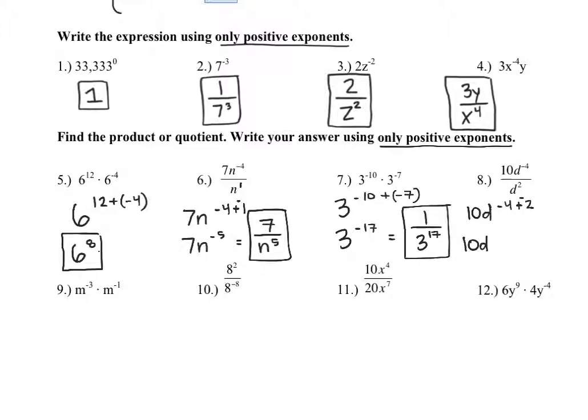So I get 10d to the negative 6th power. So I've got to get rid of that negative exponent. The base is d, so the 10 stays on top, and the d to the 6th power moves to the denominator. And again, when it moves to the denominator, it becomes positive.